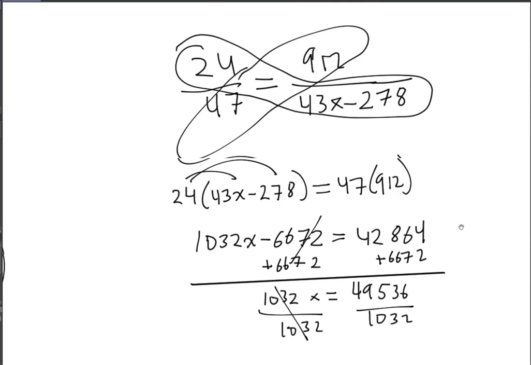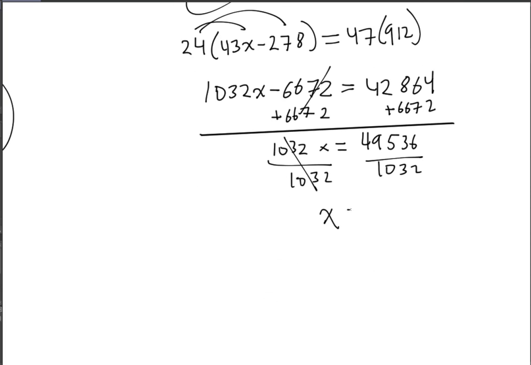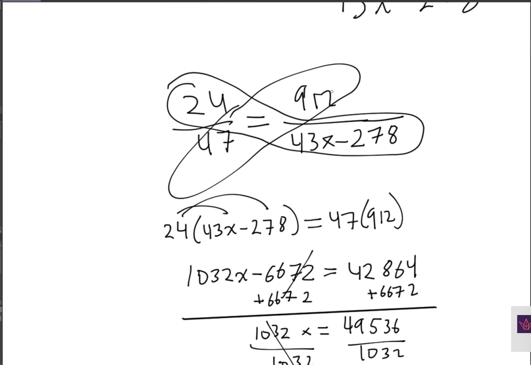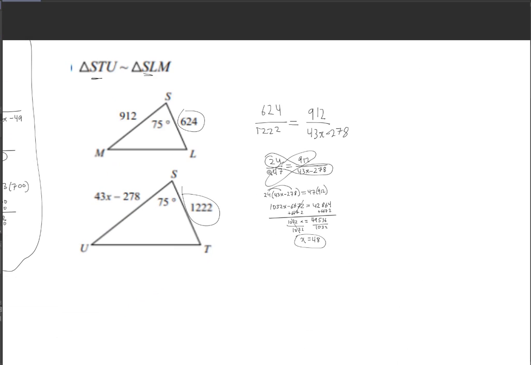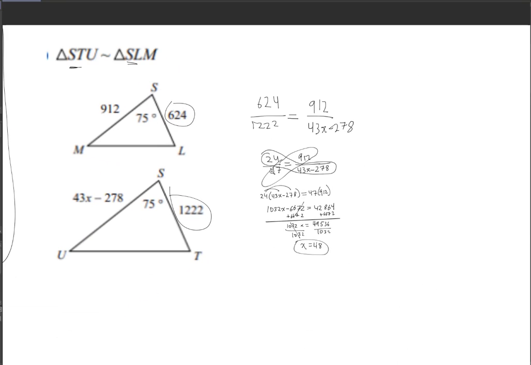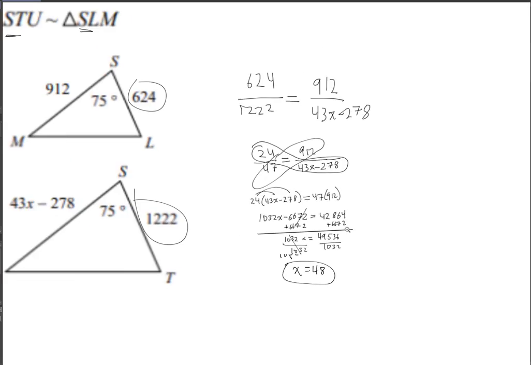And I get x is equal to, which ends up being 48. So x is equal to 48. Now the question is, do they want us to find the side length, or are they happy with the x? And the answer is they're happy with the x. So x is equal to 48 is the answer, okay?